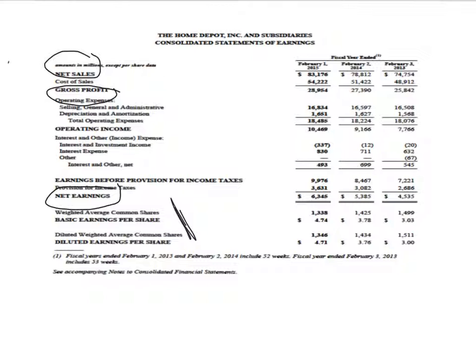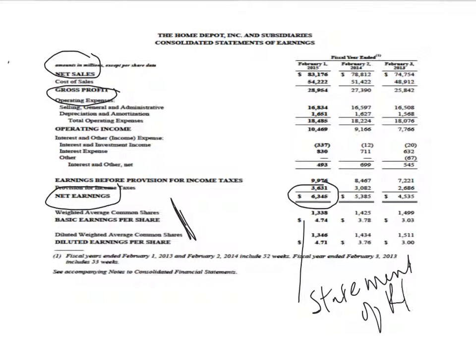What happens with this earnings statement is that this net earnings dollar amount flows to the statement of retained earnings. So it flows to another statement, and we'll show you that.